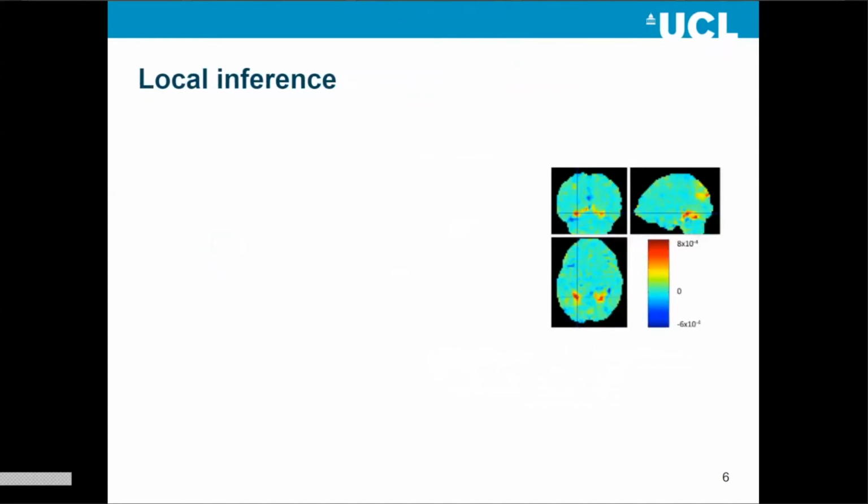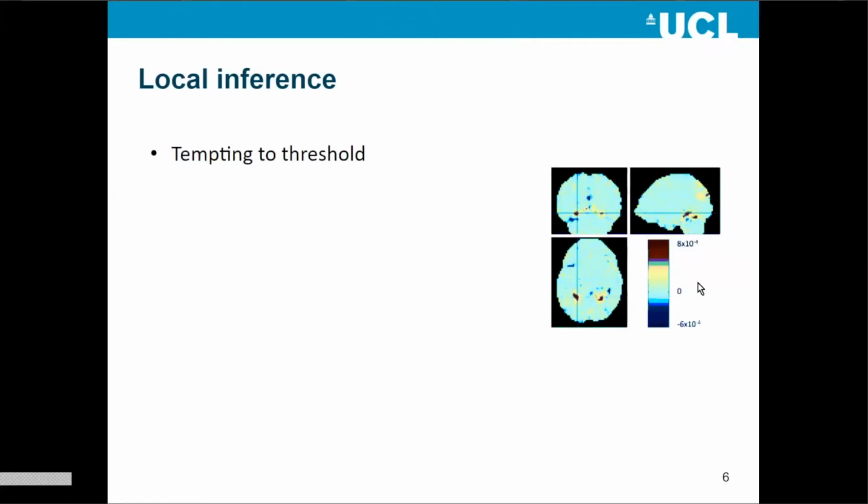So when I see that map, it's actually a map of faces versus houses in the Haxby dataset. So the first thing I want to do is just look at the very bright red parts and the very dark blue parts and kind of ignore whatever is in between. So it's very tempting to threshold.